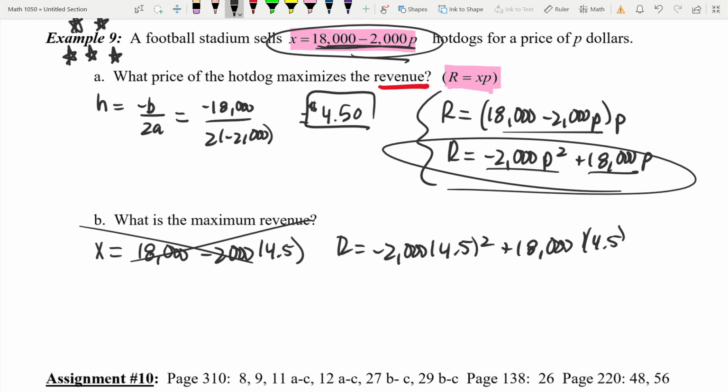If you didn't bring your calculator today, I think you're going to have problems when you're trying to put this in, and please bring your calculator next time, okay? So negative 2,000 parenthesis 4.5, close it off, x squared plus 18,000 parenthesis 4.5, close it off, hit enter, and the answer is 40,500. Everything has a label. My label's dollars, and I'm done.